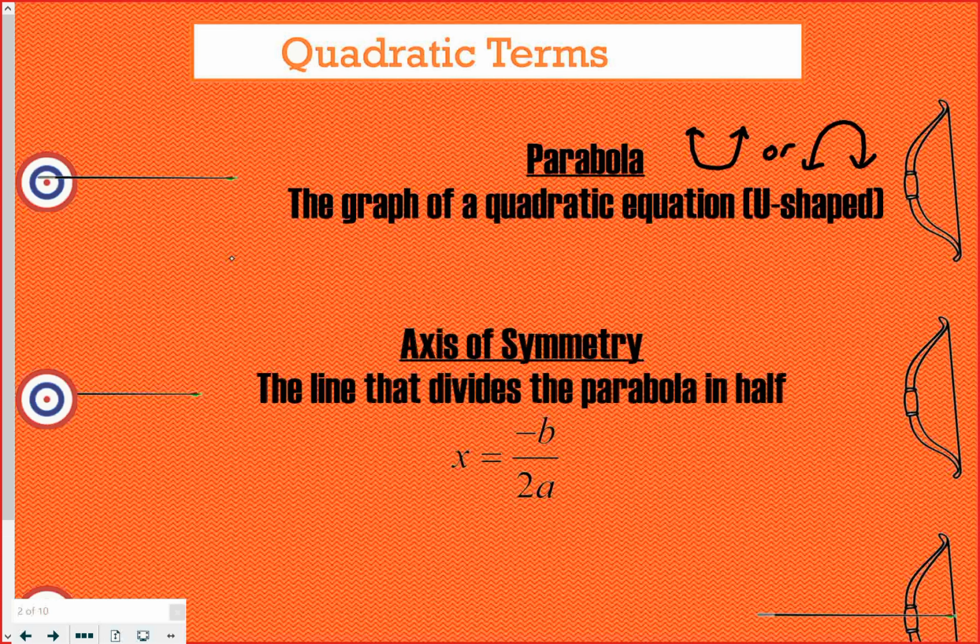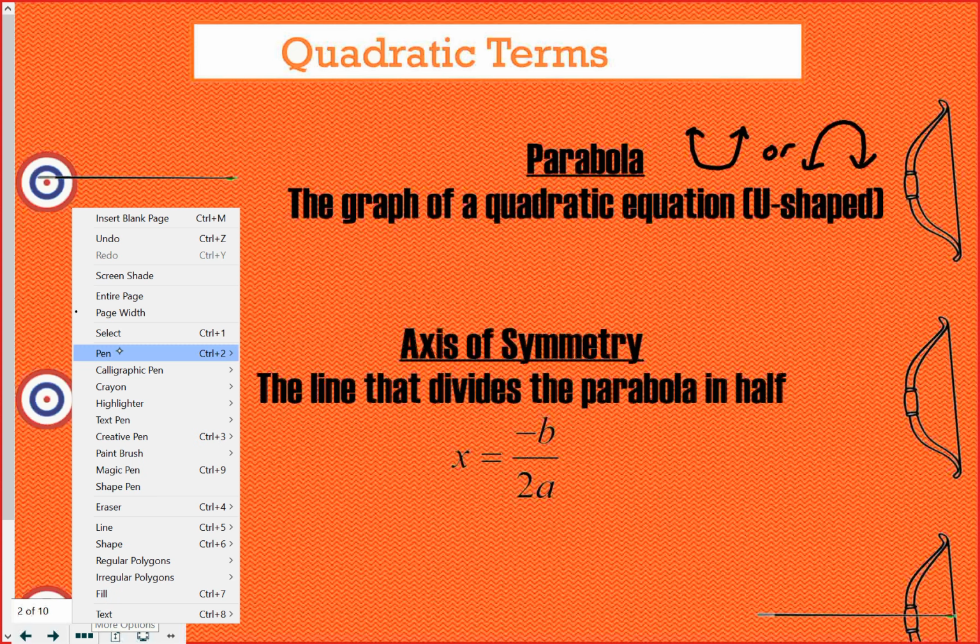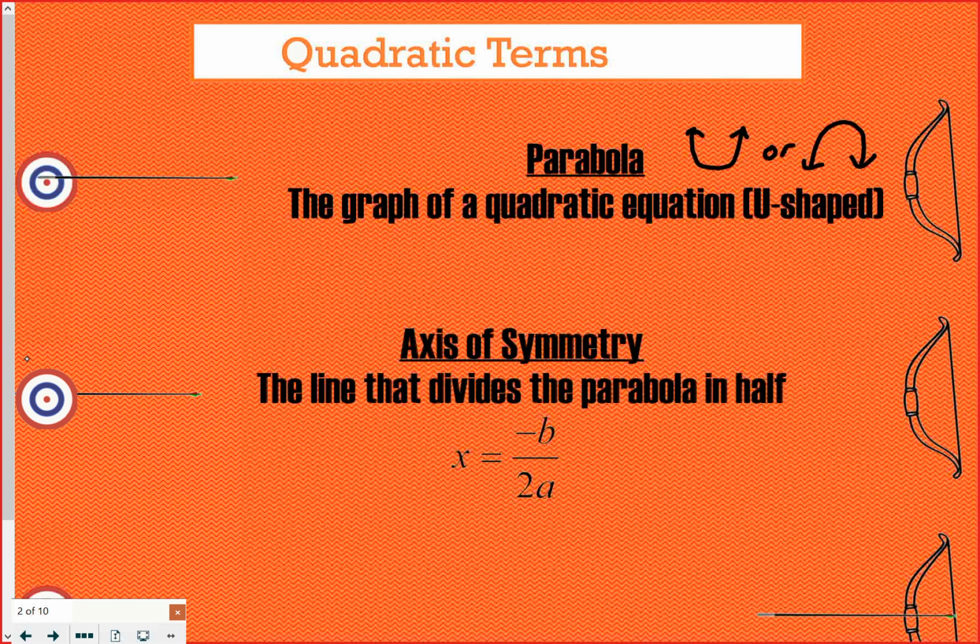In other words, if I were to fold it, the two halves should overlap and be symmetrical. In some of your assignments you're going to see the abbreviation of axis of symmetry, AOS. It's just the abbreviation, and it means the exact same thing.